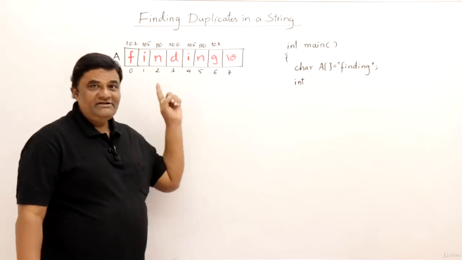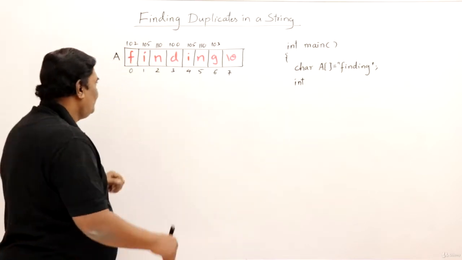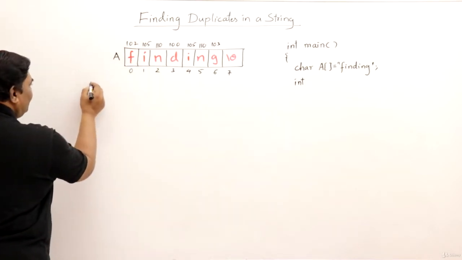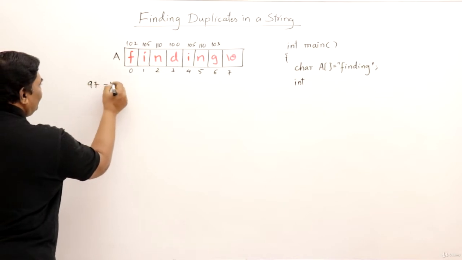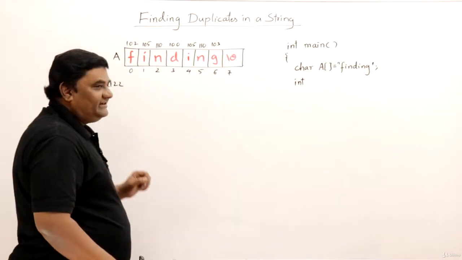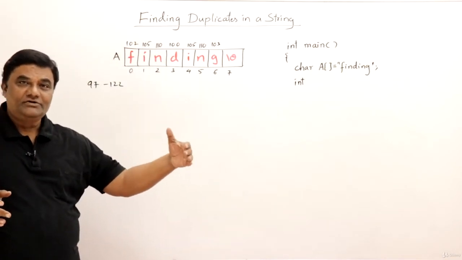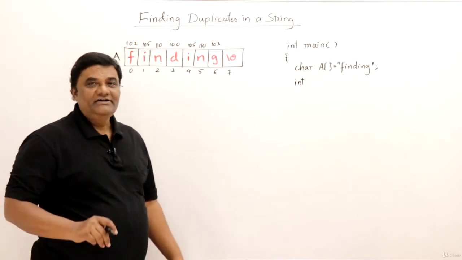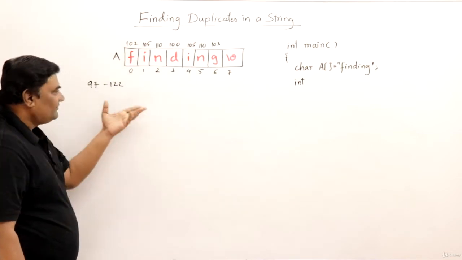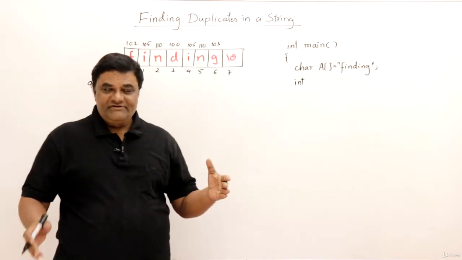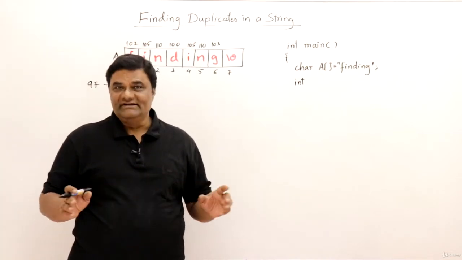If you know the range of lowercase, the lowercase range starts from 97 to 122. So it means I need an array up to the maximum length of 122, and I will start using that array from 97 onwards. Means all the elements from 0 to 96 are useless.